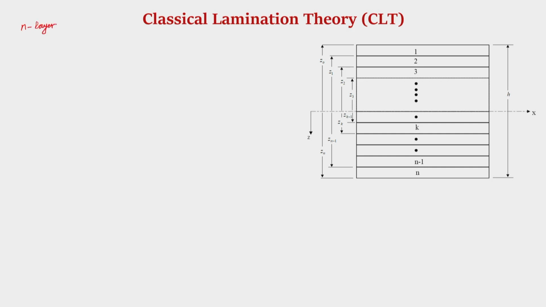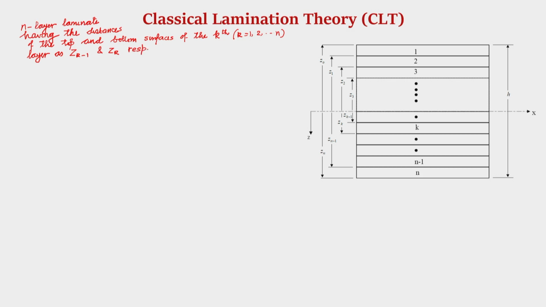Considering an n layer laminate, having the distances of the top and bottom surfaces of the kth layer, k could be anything between 1 to n, as z k minus 1 and z k respectively, as shown in the figure.